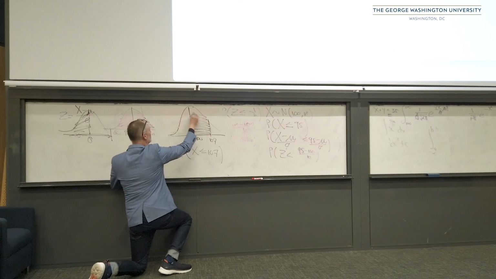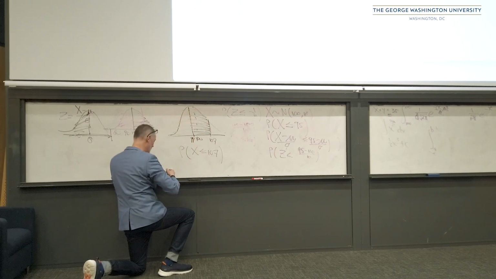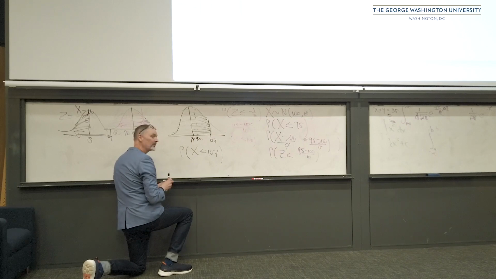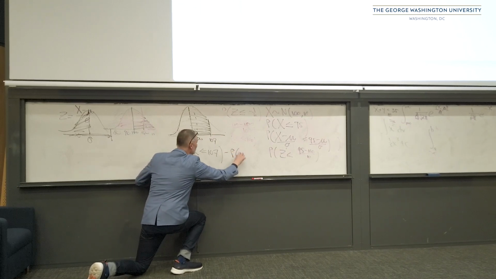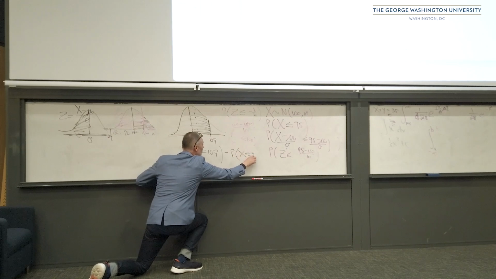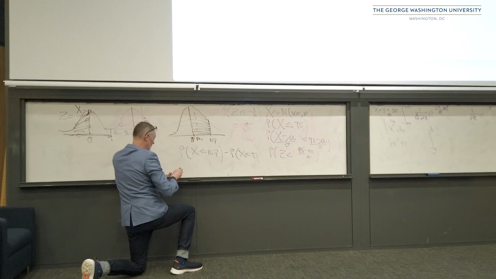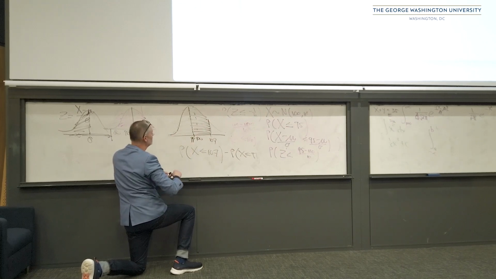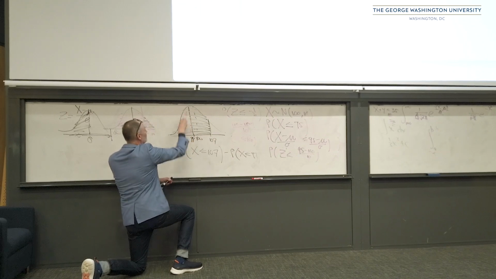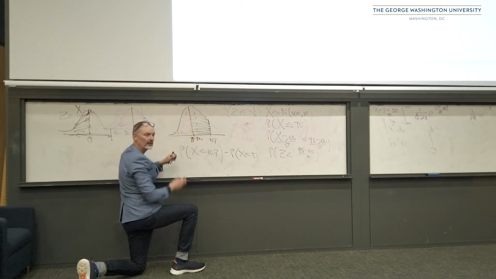You can, because it's from negative infinity to 107, and then you're going to subtract from that the probability that x is less than or equal to 99, which is now, let's do another color. So he's got that whole green thing, and now he's got this pink bit, and he's subtracting that whole lot from this whole lot, and it's only that bit that remains.